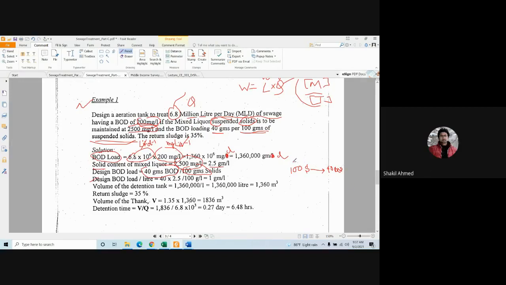So in this 100 gram solid, this solid can be sand, this solid can be BOD, this solid can be plastic. We don't know. So among this 100 gram solid, you have 40 gram BOD, and the rest of the 60 is something else. Now, 1 gram solid contains 40 by 100 gram BOD.